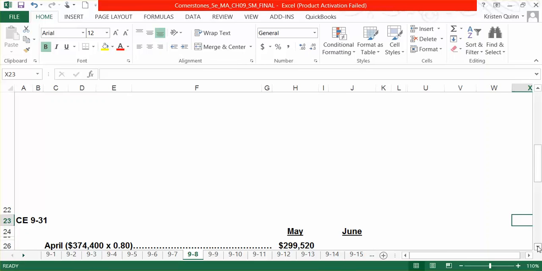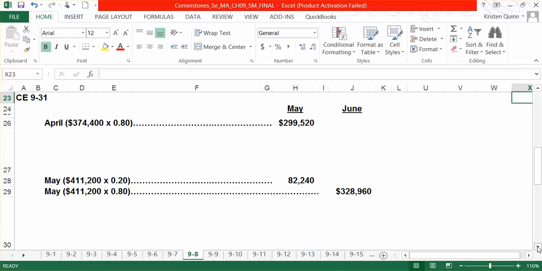So we take our full balance of $411,200 and multiply it by 20% to arrive at the estimated amount we anticipate to pay out in May for those purchases. We also would take the full balance and multiply it by 80% to calculate how much we estimate to have to pay out in June for our May purchases.